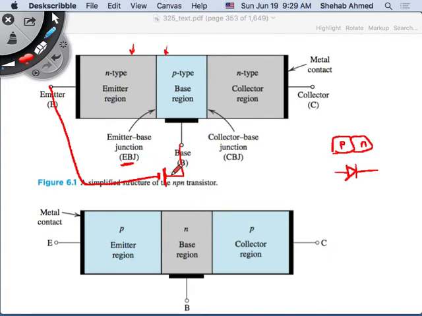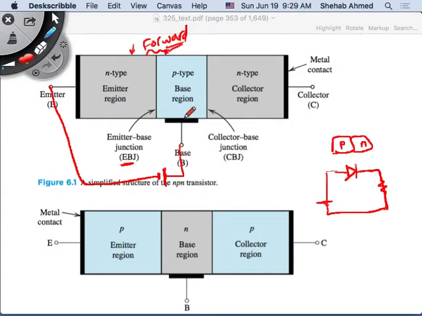If you flip the supply, it becomes reverse biased. So this junction now is forward biased.